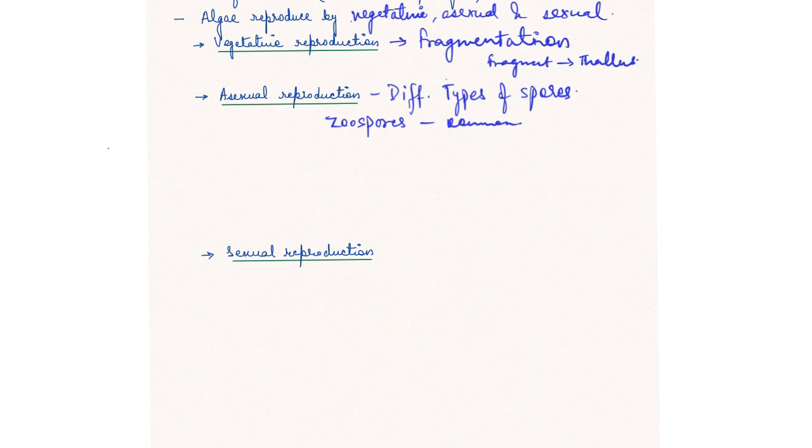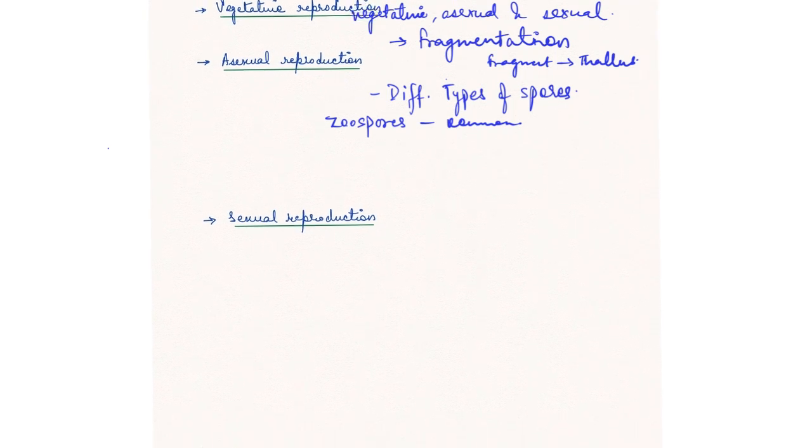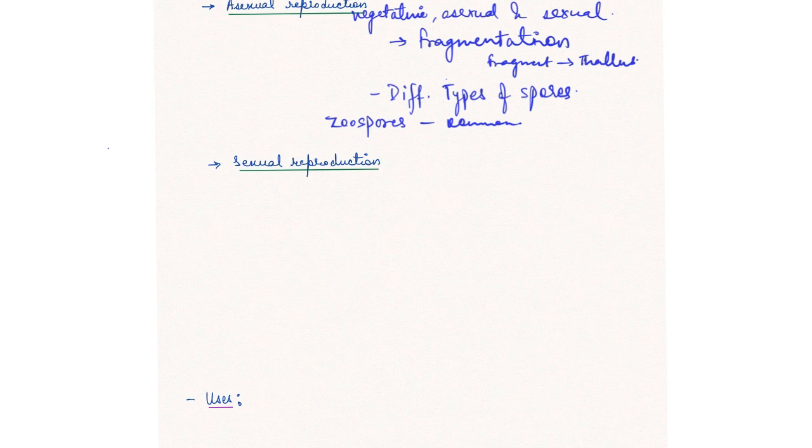And what happens in sexual reproduction? In sexual reproduction, they again produce gametes, right? It happens through fusion of two gametes.